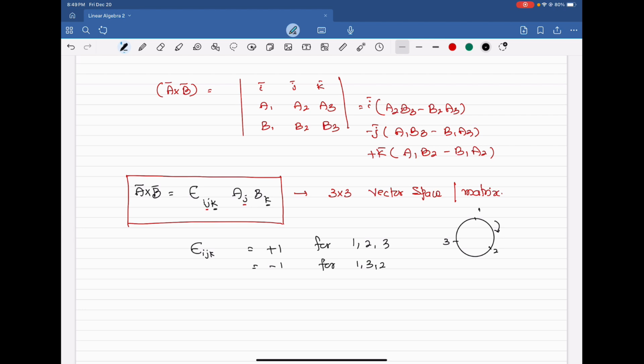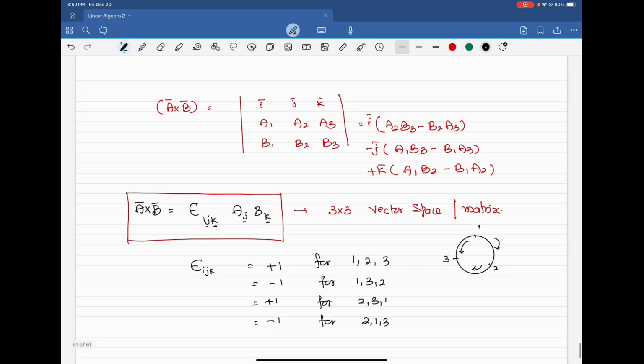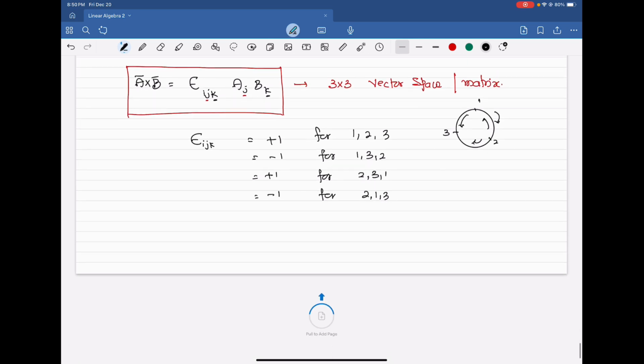For 1, 3, 2 it is negative anti-clockwise, -1. This is equal to +1 for 2, 3, 1, which is positive clockwise, and this is equal to -1 for 2, 1, 3, which is negative anti-clockwise.